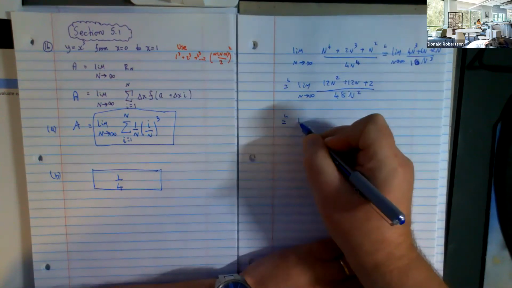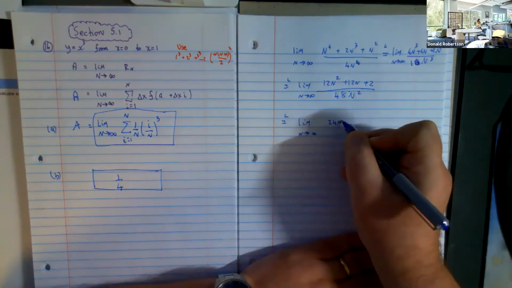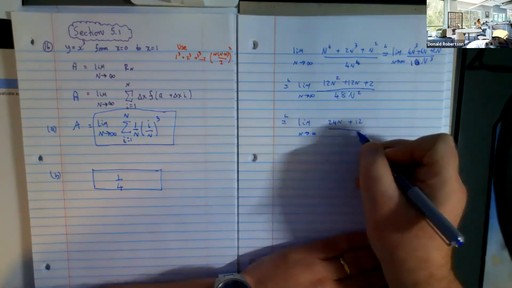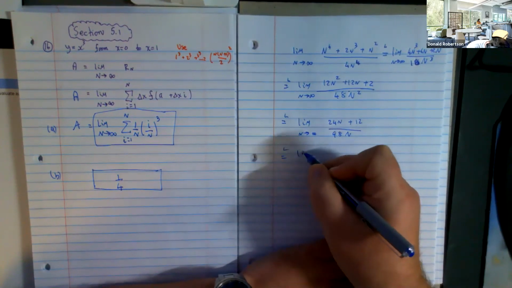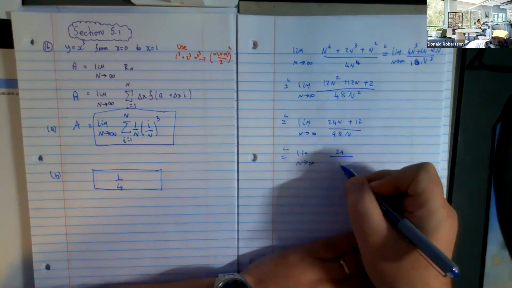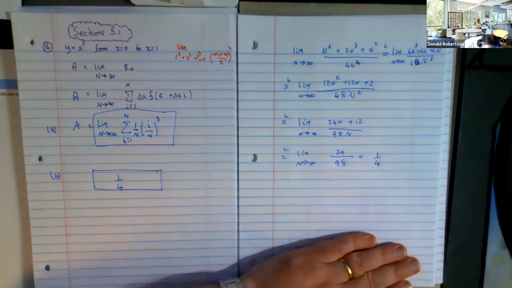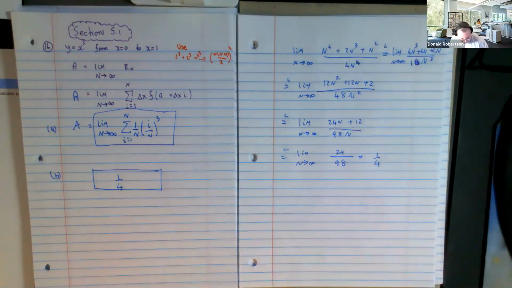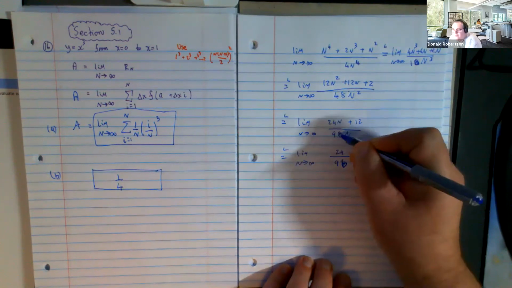And if you do Le Hopital again, and if you do Le Hopital one more time, which better be a quarter. And if it's not, it's because I can't count. Actually, it's probably 96. So it is a quarter.